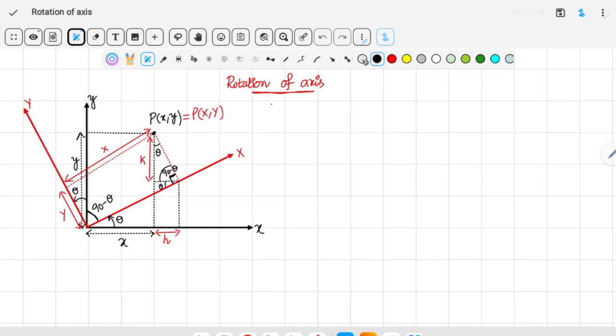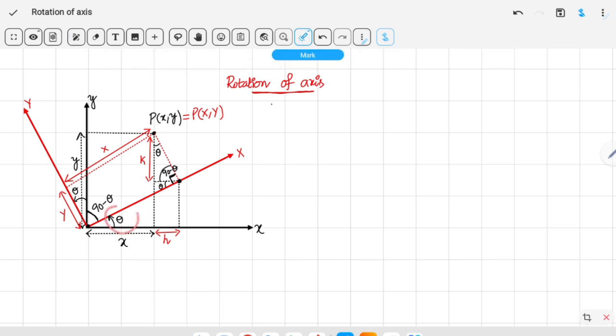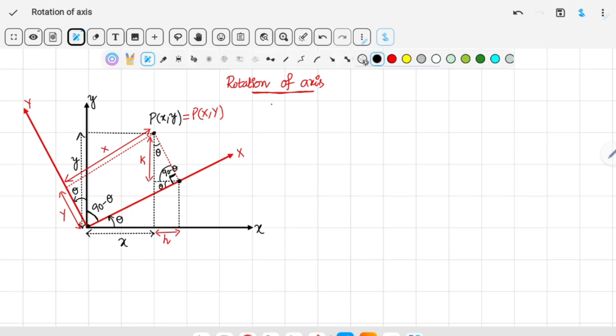From the diagram you can observe that from this point to this point, the distance is capital X. Is it right or not? Now that capital X is making an angle of theta here. So how can I write the relation between them?